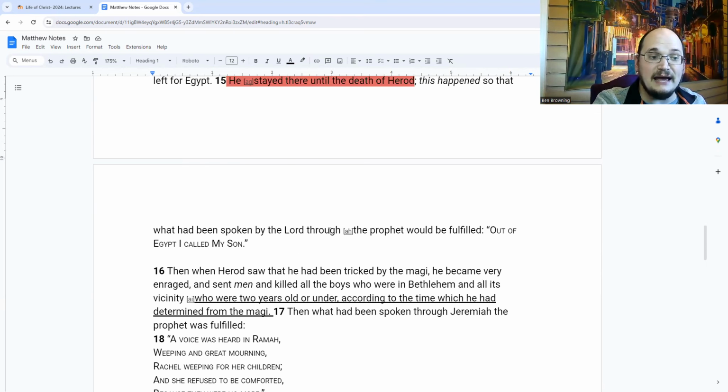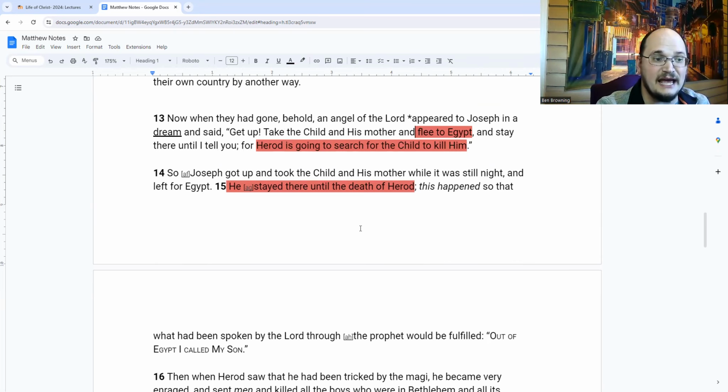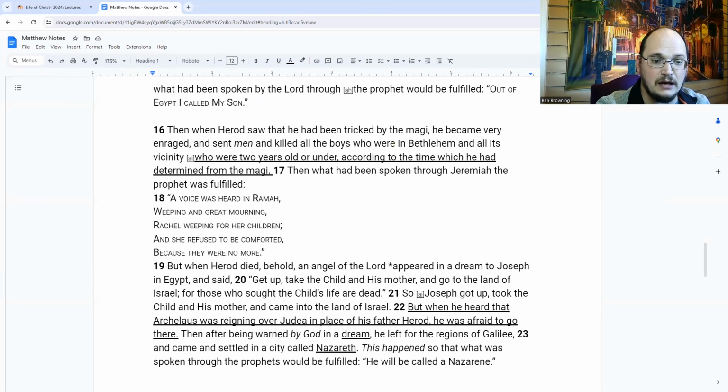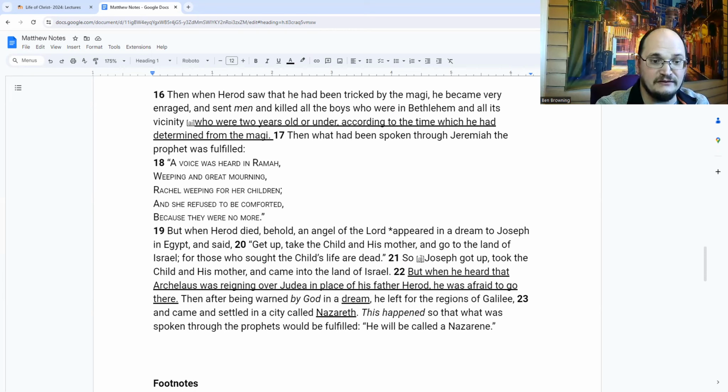And ultimately, they're going to leave and go back to Israel after he dies. So there's this picture of them staying until his death, and the angel comes to Joseph. But when Herod died, an angel appeared to Joseph in a dream and says, get up, take the child and his mother and go to the land of Israel, for the one who sought his life is now dead.